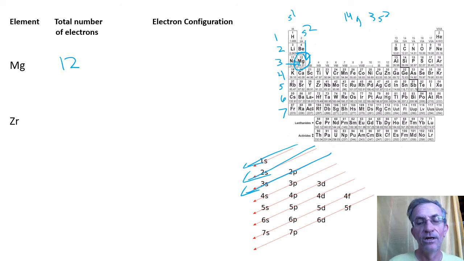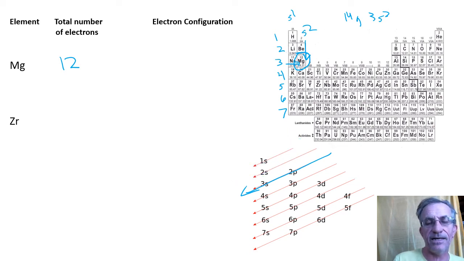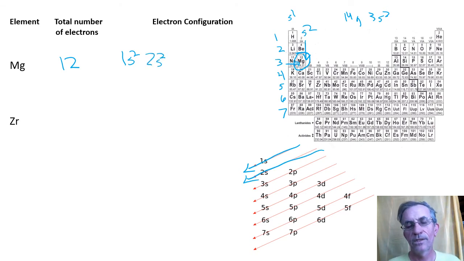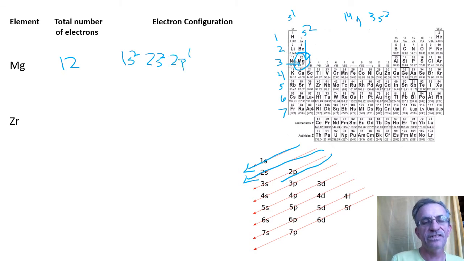Let's do it. So, following our arrows. 1s2, 2s2, 2p6. P's go to 6, don't they?